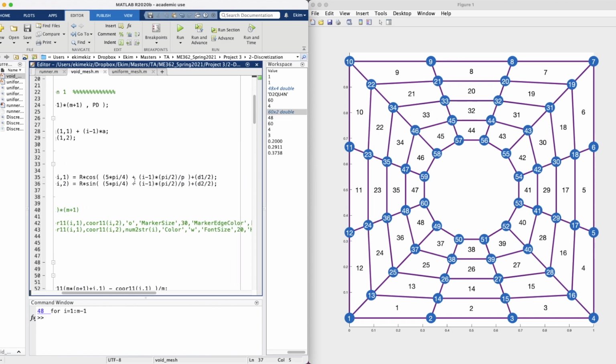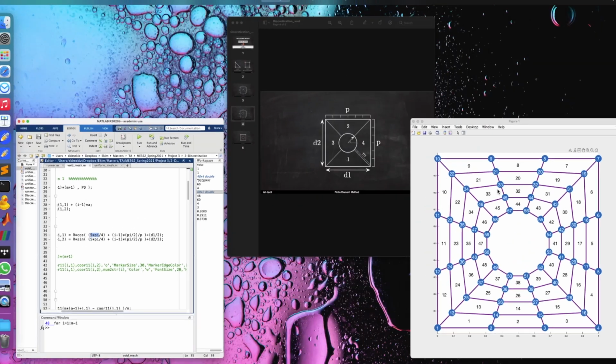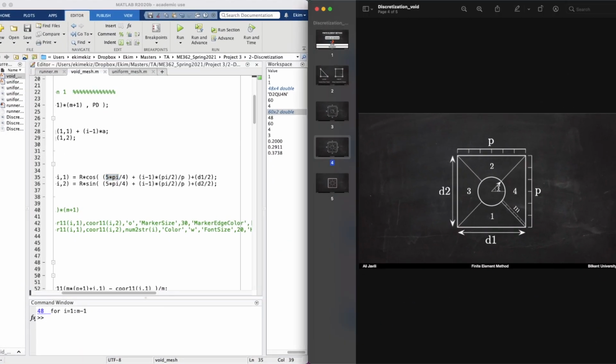So we have r cos 5 pi over 4. So remember what we had. This is pi over 4, so 1, 2, 3, 4, 5 pi over 4. We start there. So the cosine of that is our x coordinate, right? Plus, now we add our increments for every node.